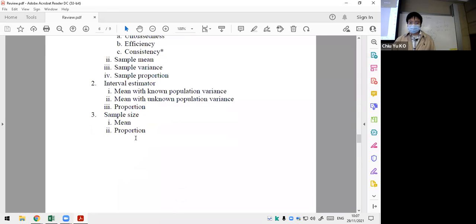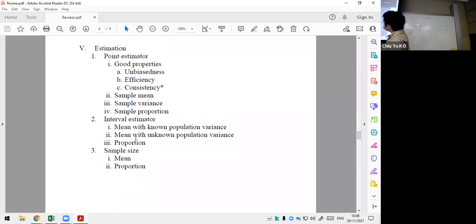And the next part is estimation. I guess that shouldn't be an issue for you, but what you learn is unbiased, right? And efficient estimator. And we learn basically the 3 main estimators for the basic thing: sample mean, sample variance, and sample proportion. And based on this, we know how to do interval estimator.